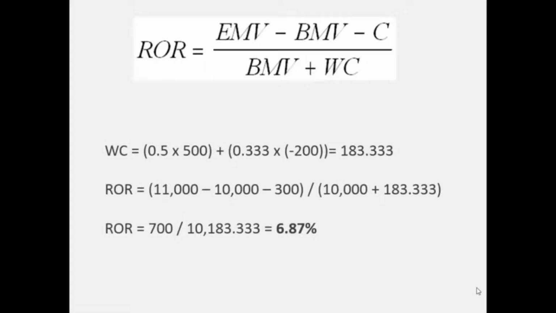So we already have all the values we need to calculate the rate of return. We have the WC, so we calculate them individually. 0.5 times 500 plus 0.33 times minus 200. We have already the other values, and we end up with 6.87%.